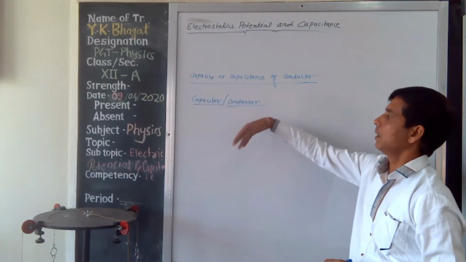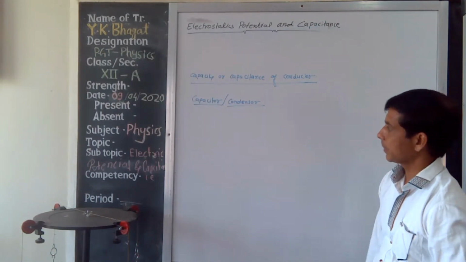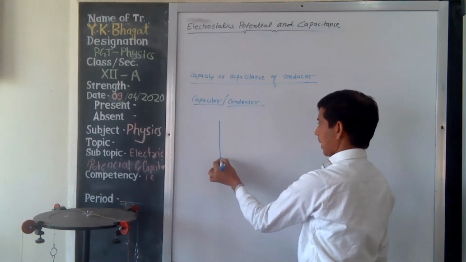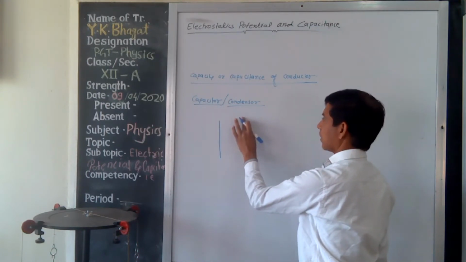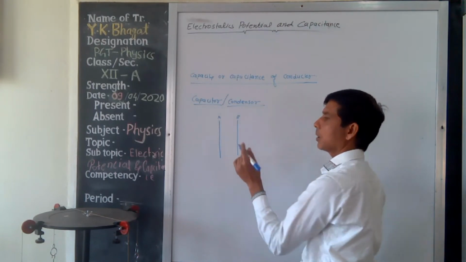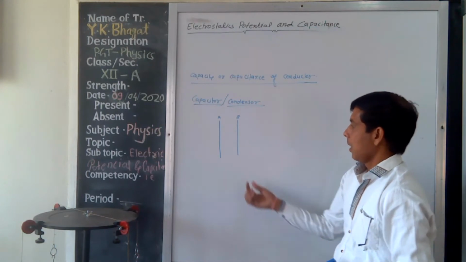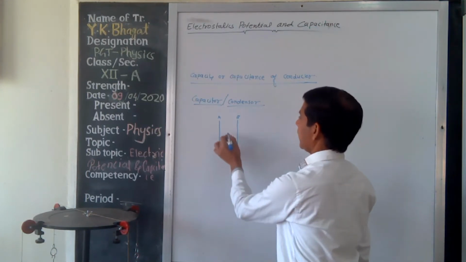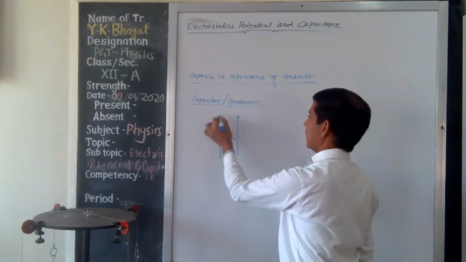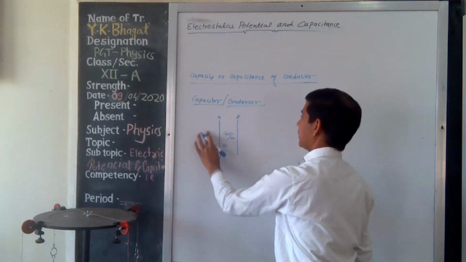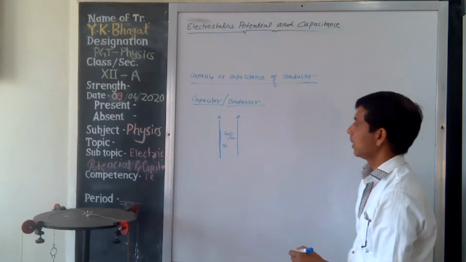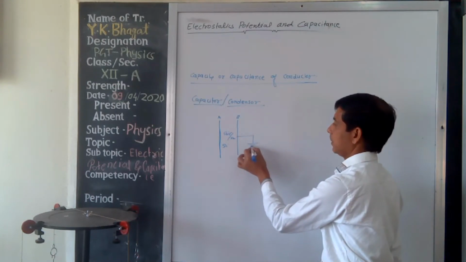Now we describe the capacitor or condenser. A capacitor or condenser is a combination of two conductors. Suppose we have two conductors A and B, separated by air or vacuum or some dielectric medium, in which one conductor is charged and another conductor is earthed.